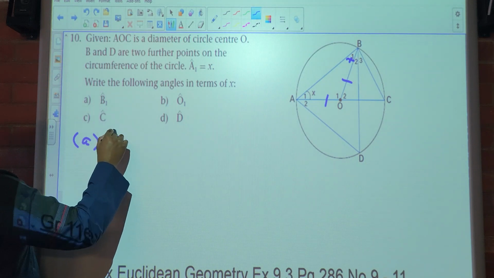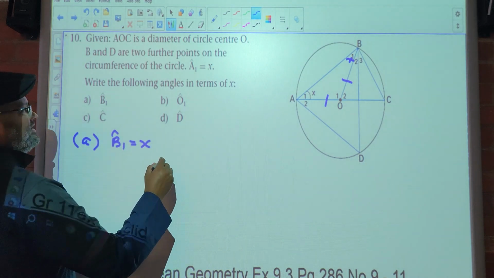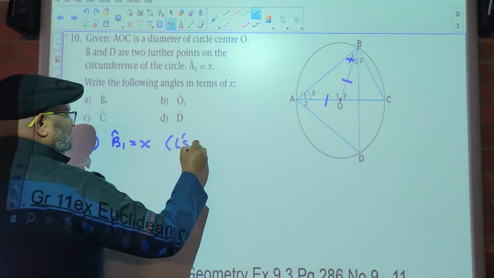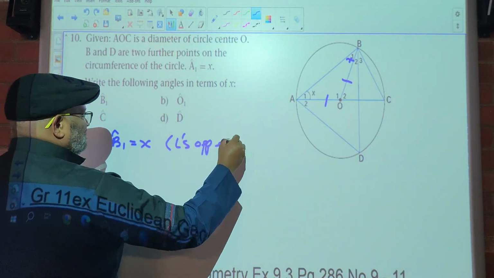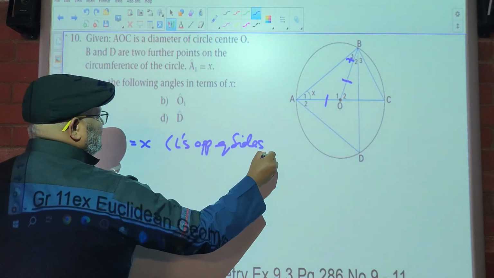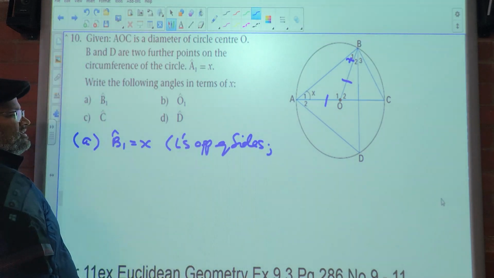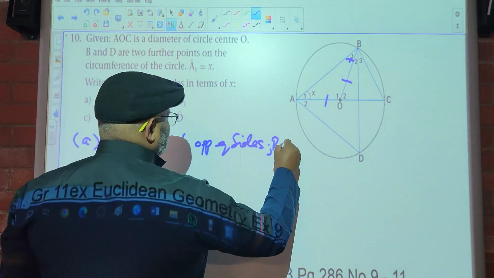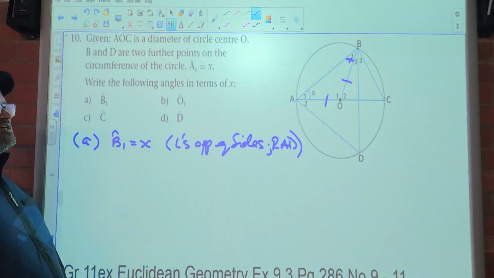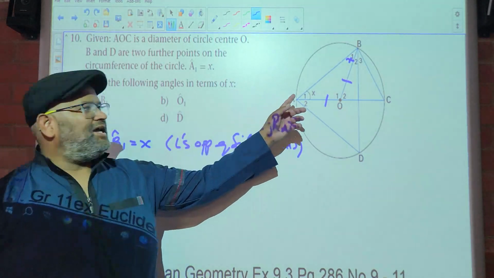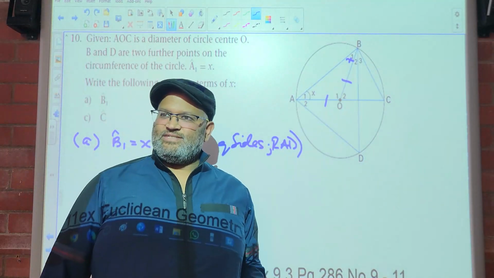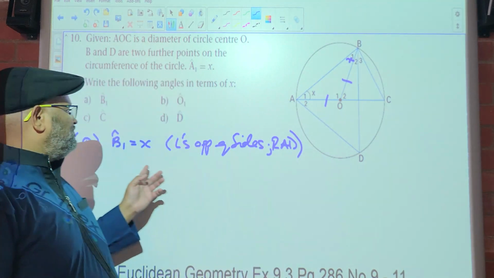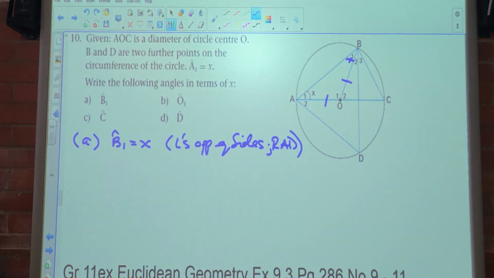Angle B1 is x, angles opposite equal sides. What must I add here? Radius. Otherwise, you would have to say OA is equal to OB, radius, and then you would have to say B1 is x, angles opposite equal sides. Okay, if you don't want to write the radius there.